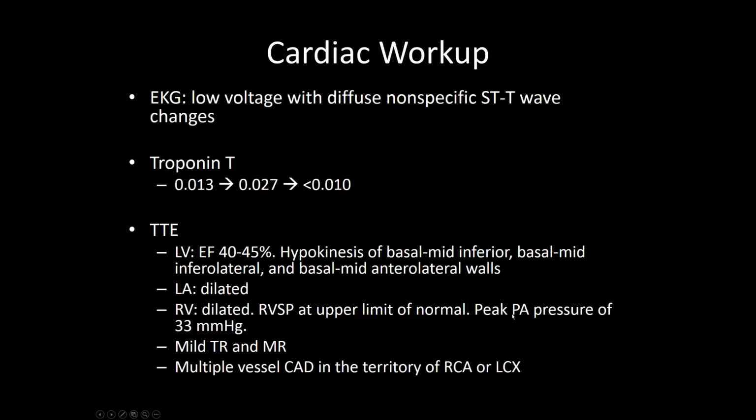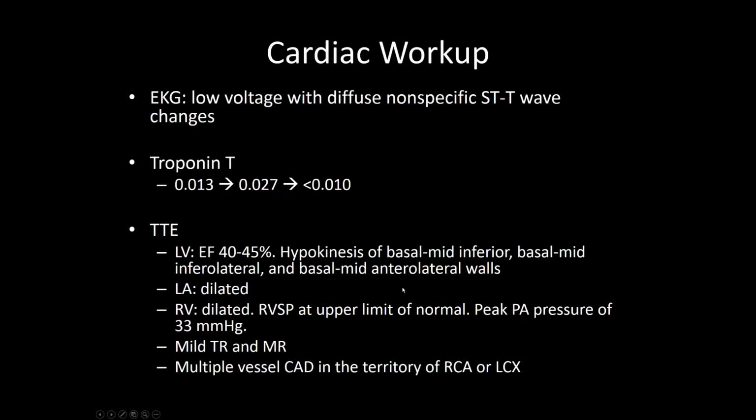Atrium was dilated, our PA pressure was a little bit elevated, and so basically the end result from this, or the suspicion, was that she had multivessel disease, and with the mild elevation of troponin and the non-specific changes that she was maybe possibly having an NSTEMI.